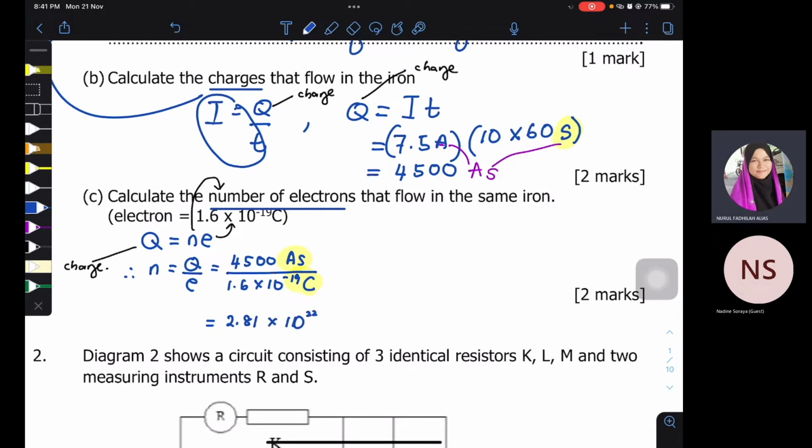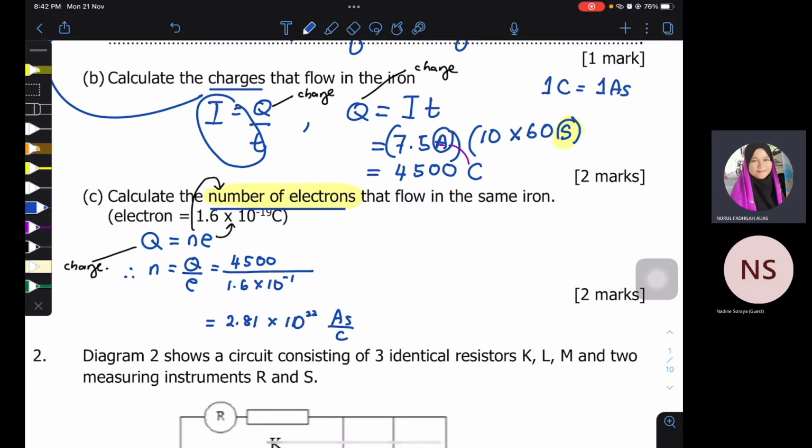Okay, for this one, there shouldn't be any unit, sebab you should know the question wants number of electrons. So sebenarnya kat sini A·s over C. Tapi ni kena tengok logik juga. Tadi I told you the unit is actually coulomb, tapi satu coulomb tu samalah dengan 1 ampere second.